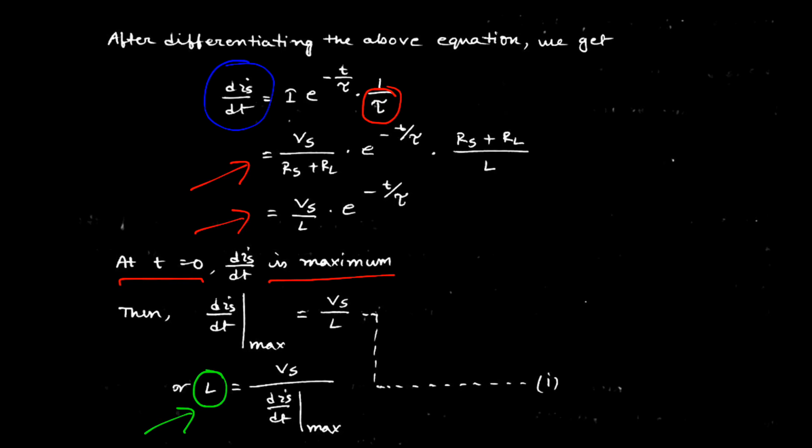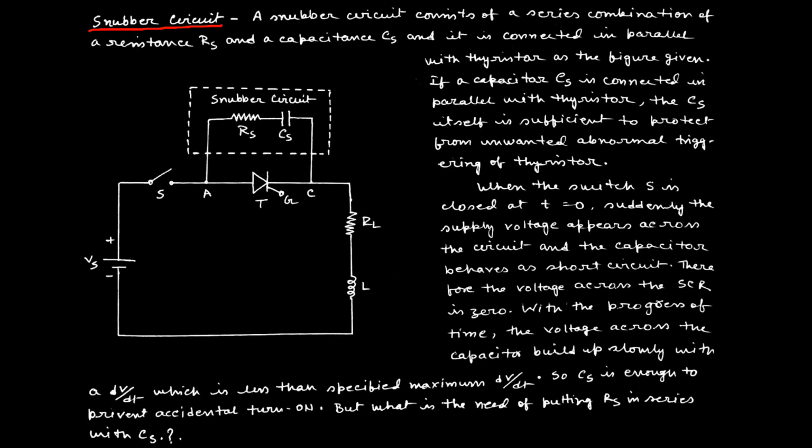Now we have to find the value of Rs, and Rs is given in the previous circuit. Here is Rs. The voltage across Rs should be equal to Is Rs, if we assume the circuit current Is is flowing to the snubber circuit.